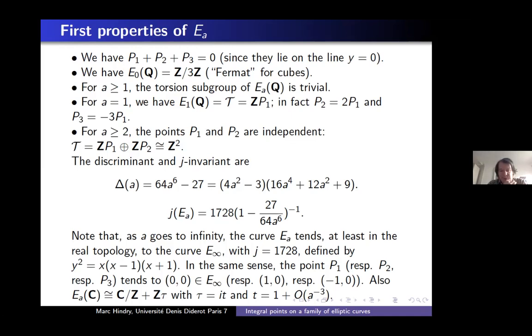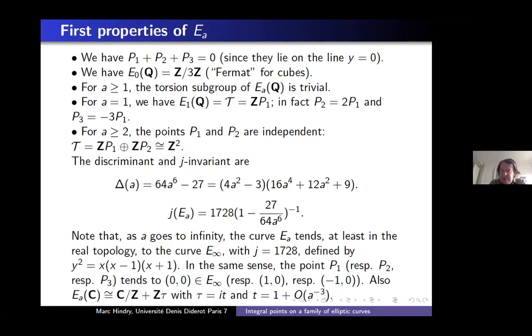So let's start with special cases. If I put A equals 0, which after all is allowed, then it's essentially Fermat's theorem for cubes, that there are 3 rational points. And so the group is Z over 3Z.